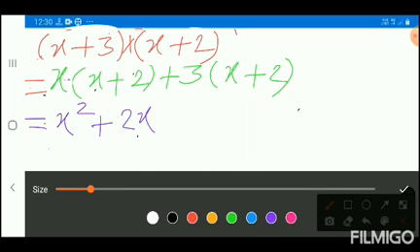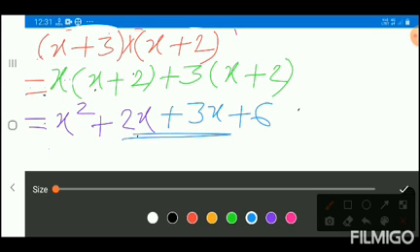Here no sign is there, otherwise you can think plus 2x. Then plus 3 into x, 3x, 3 into 2, 6. Now here these two are like terms, so your answer is x square plus 5x plus 6.